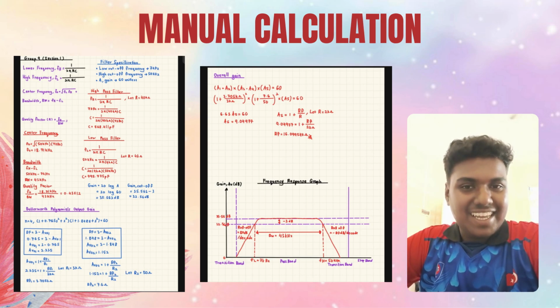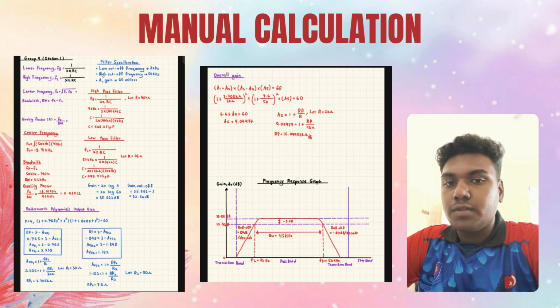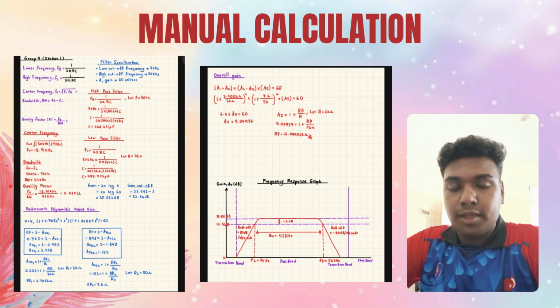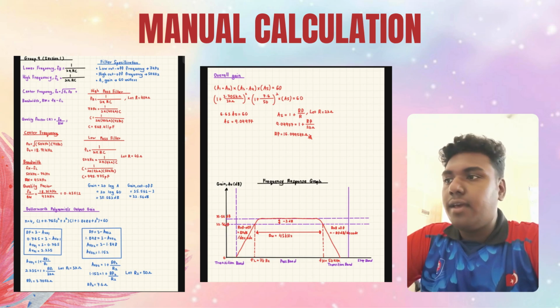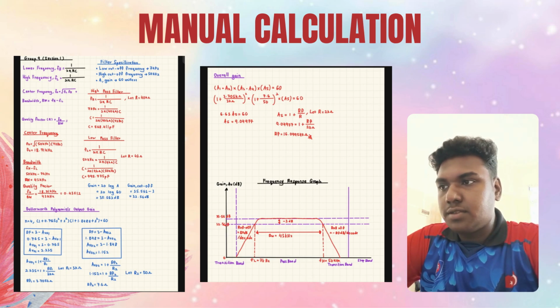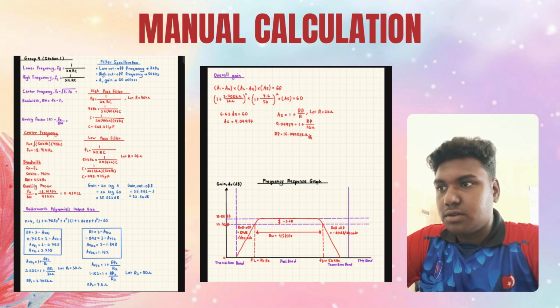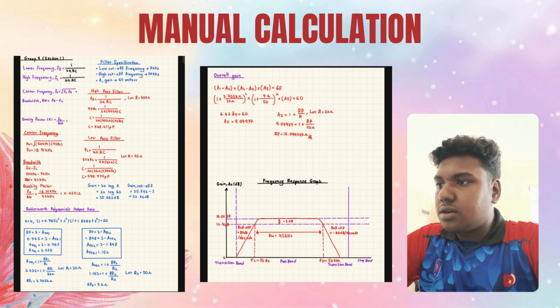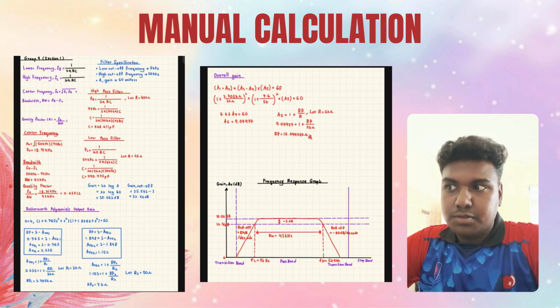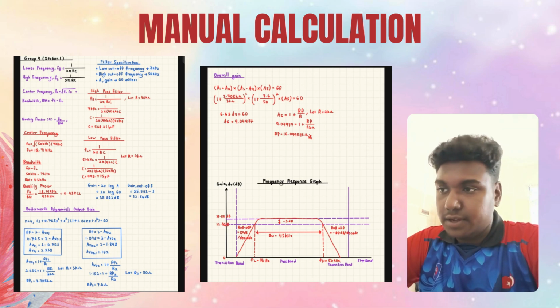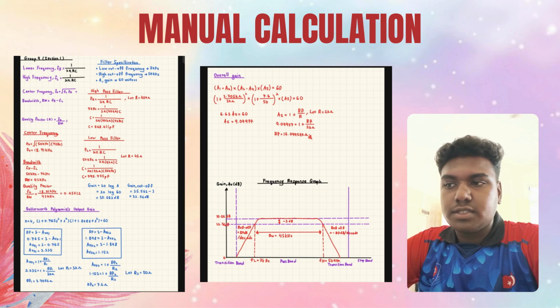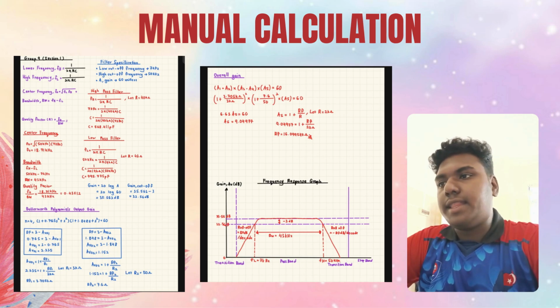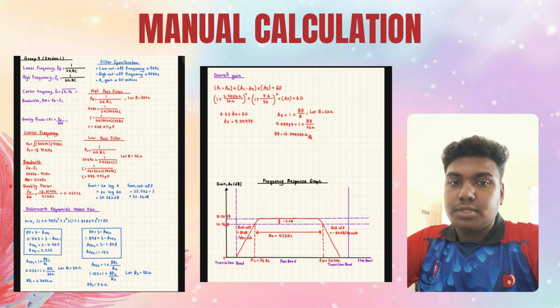I will show the circuit after this. So 5 is equal to 60, and for the fifth, A5 is equal to 9.0497, and RF is 16.09954 kilo ohm.